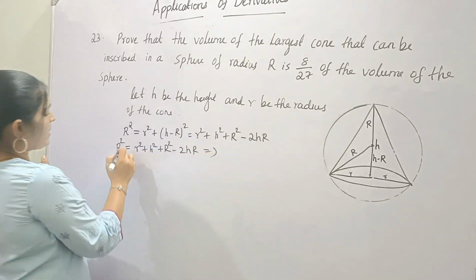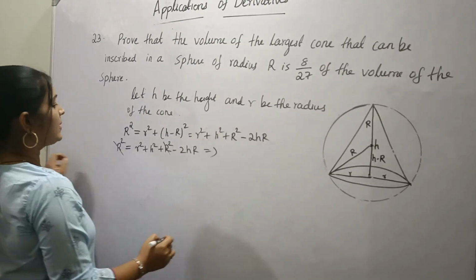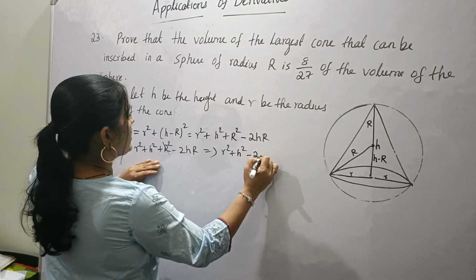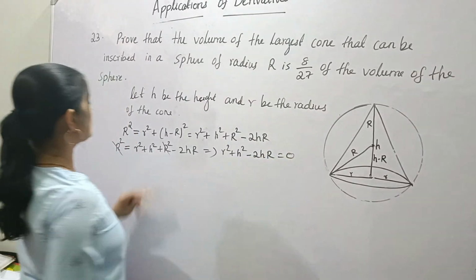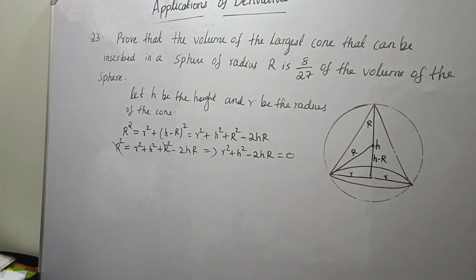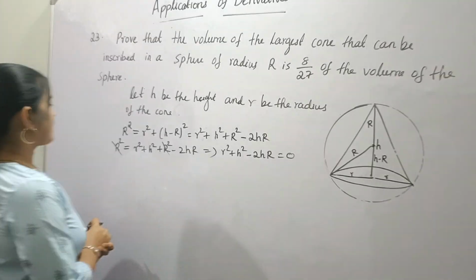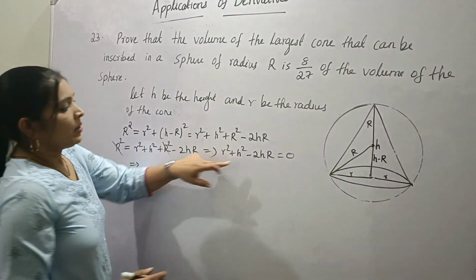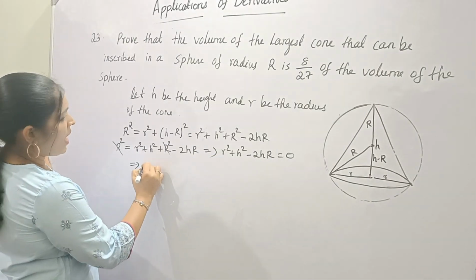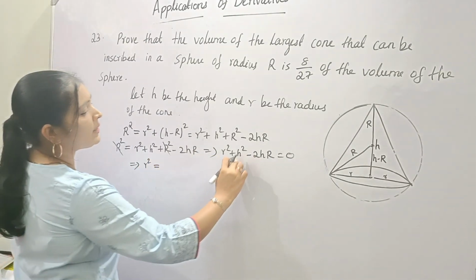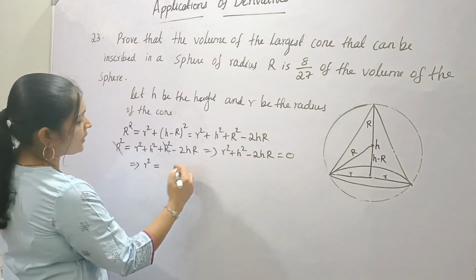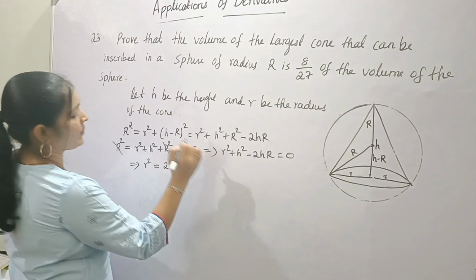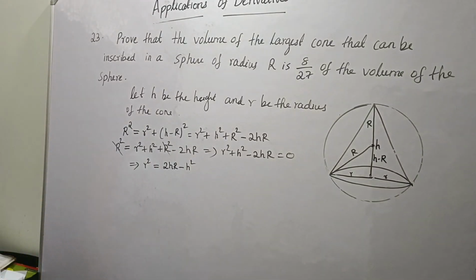Here R square cancels, so we have r square plus h square minus 2hR equal to 0. That implies r square is equal to 2hR minus h square.